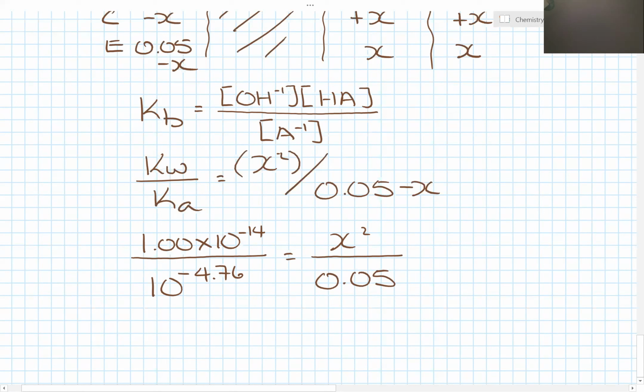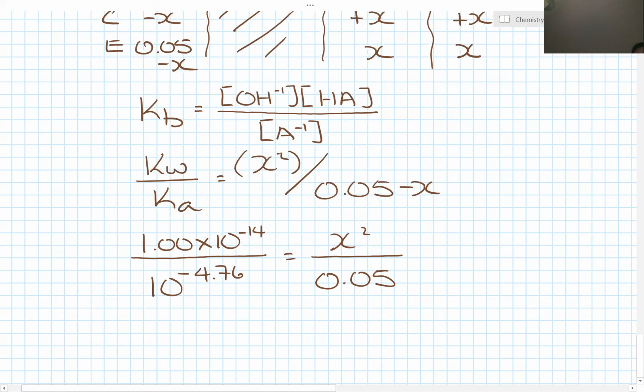Okay, so if we did our calculation solving for x, let's see.